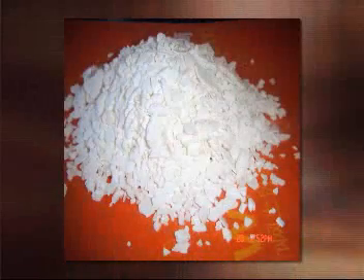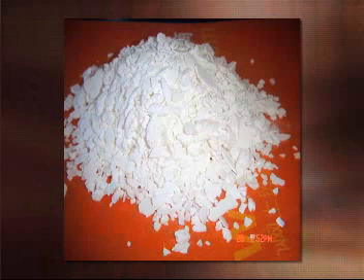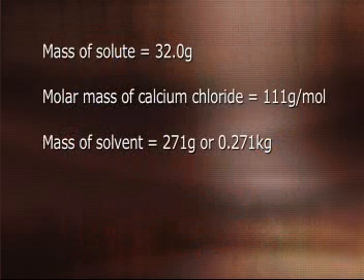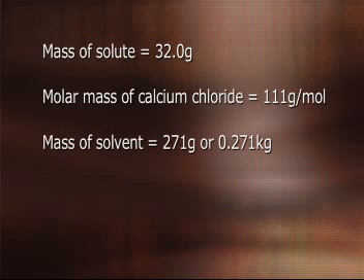We will calculate the molality of a solution prepared by dissolving 32.0 grams of calcium chloride in 271 grams of water. We know that the mass of our solute, calcium chloride, is 32.0 grams.